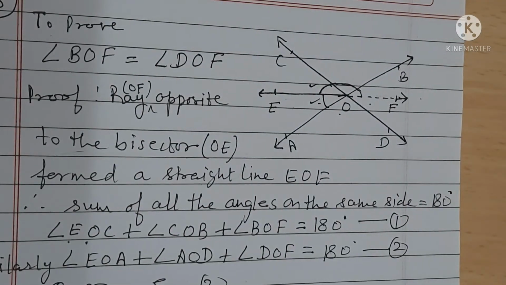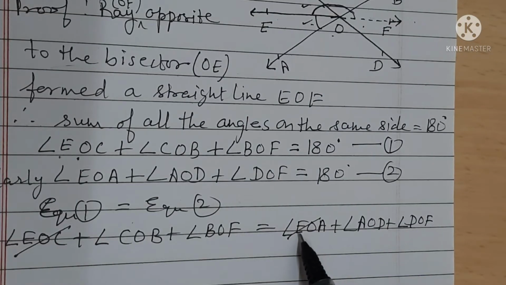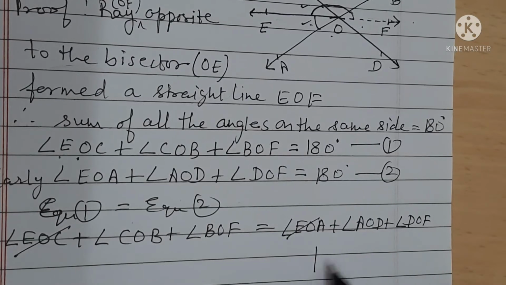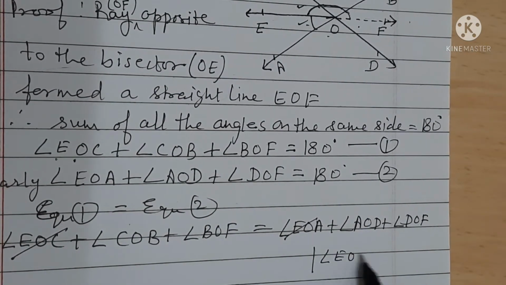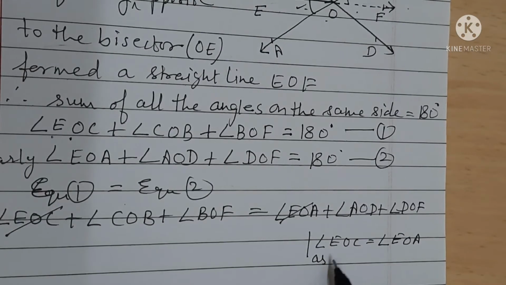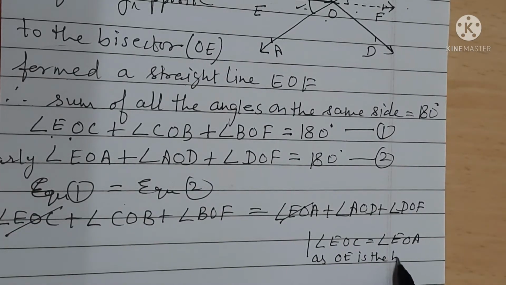So you can cancel it. Write the reason, angle EOC is equal to angle EOA as OE is the bisector.